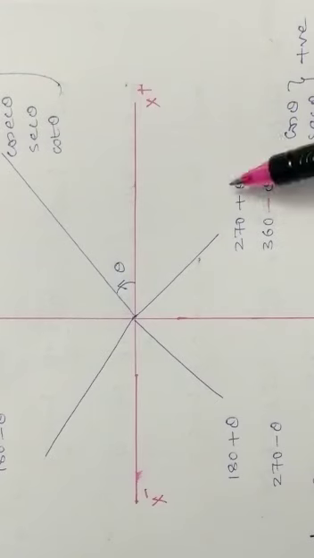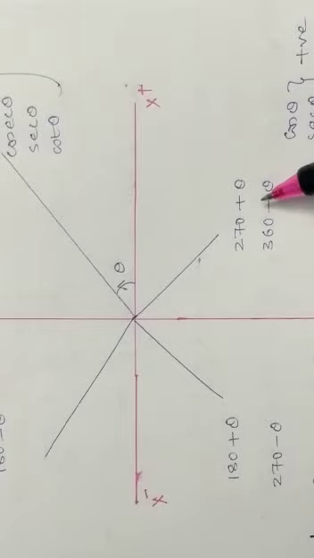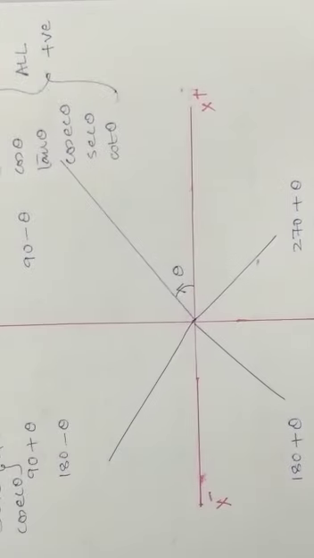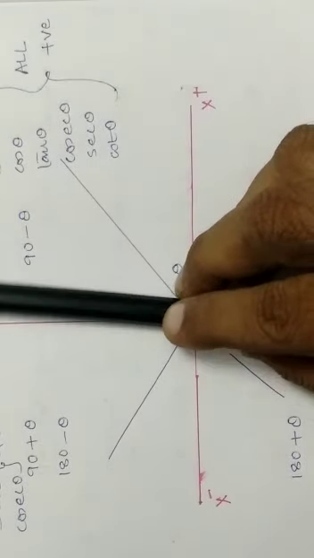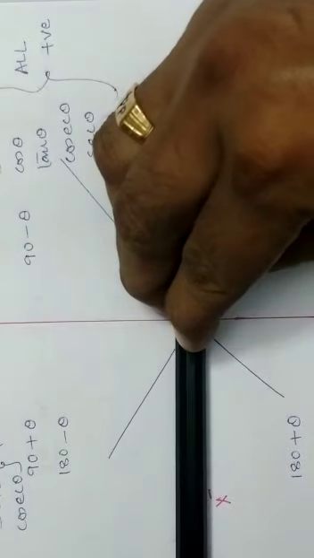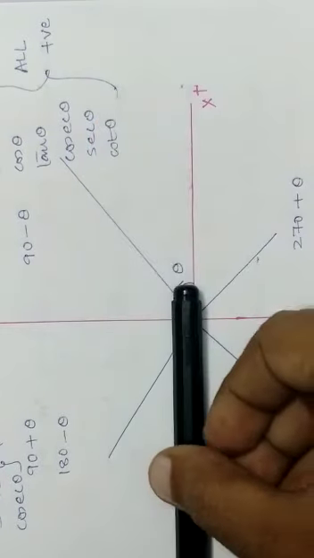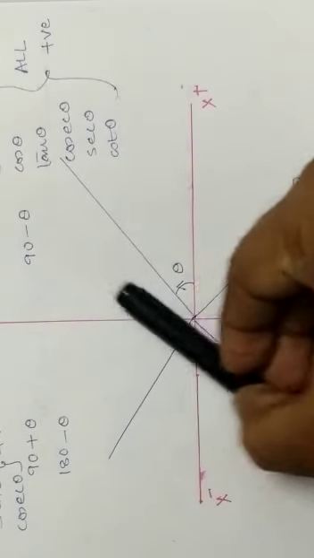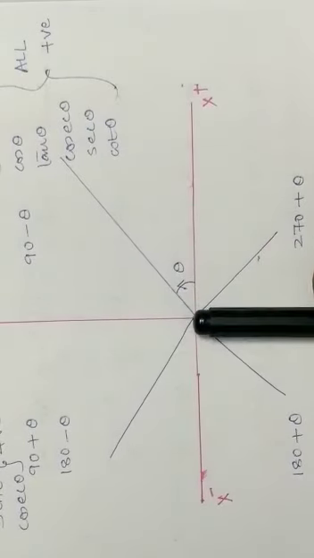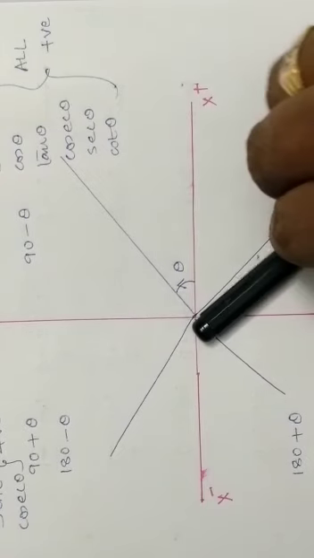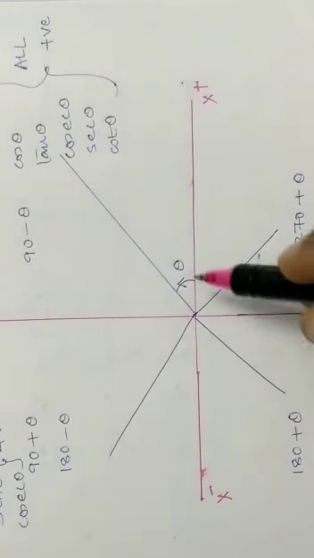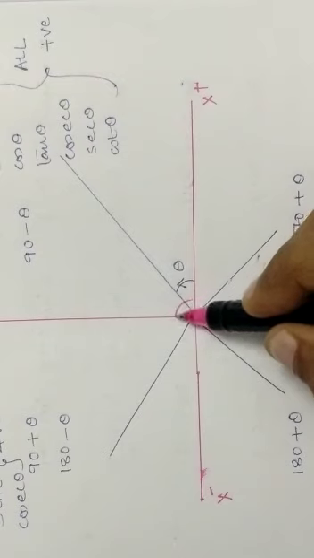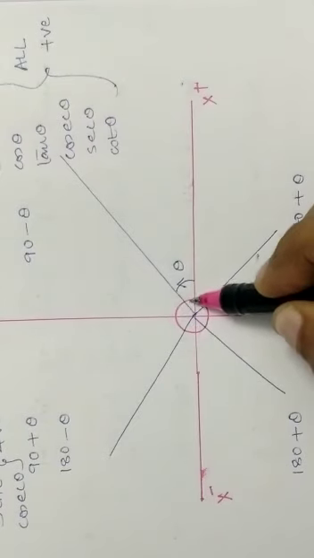So an angle in between 270 and 360 comes in the fourth quadrant. If the rotation goes on continuing, see here, 0, 90, 180, rotation goes on, this is 270, rotation completes at 360. So if one complete rotation is taken, then it is 360 degrees.